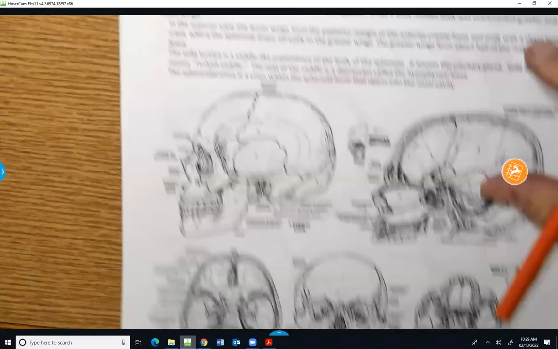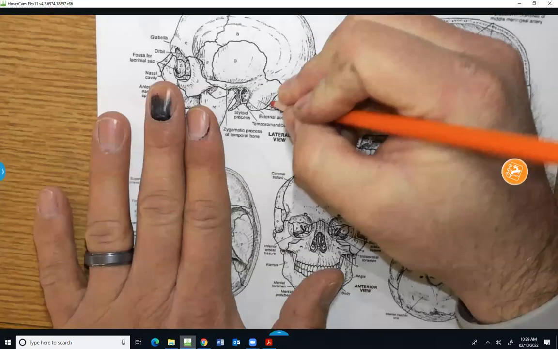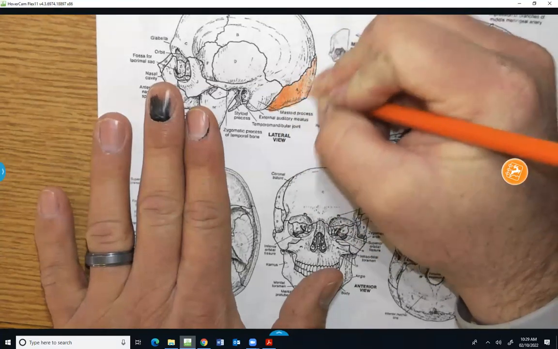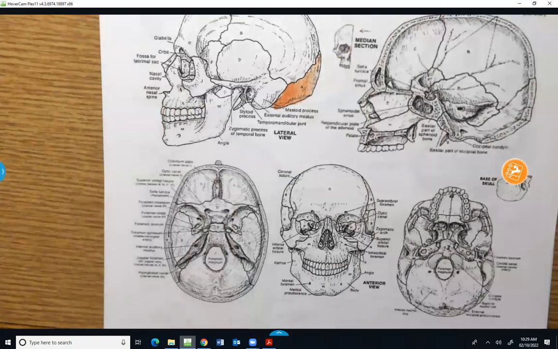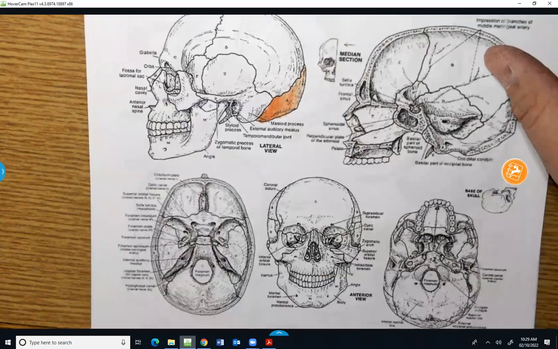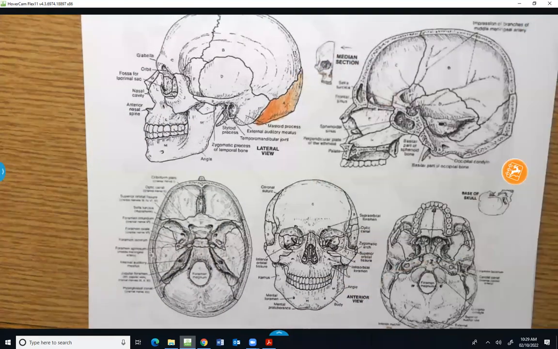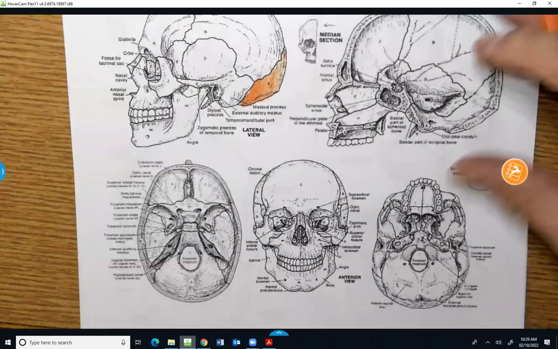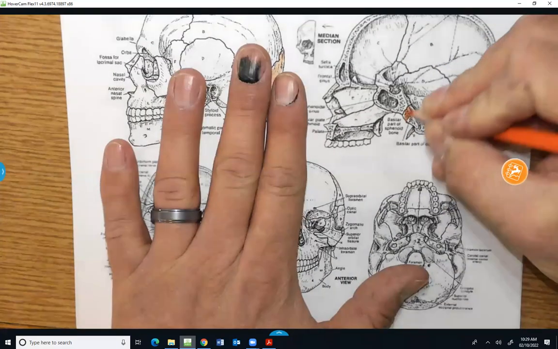Okay, the occipital bone is going to form the back of your head, and it comes underneath to help cradle the base of the brain. This will probably be the image, along with this one, that I refer to the most, but I'll go ahead and color the others as well.